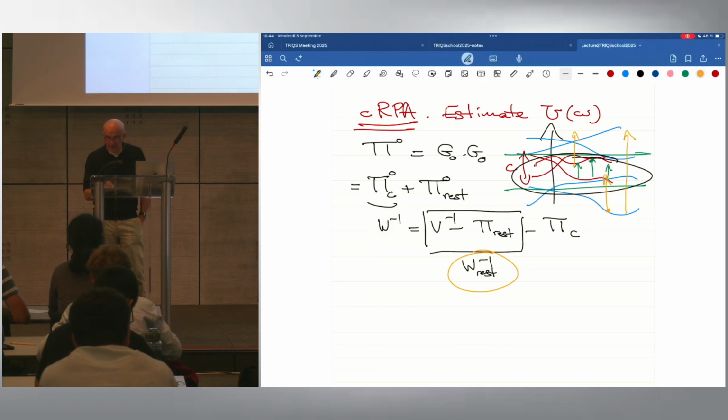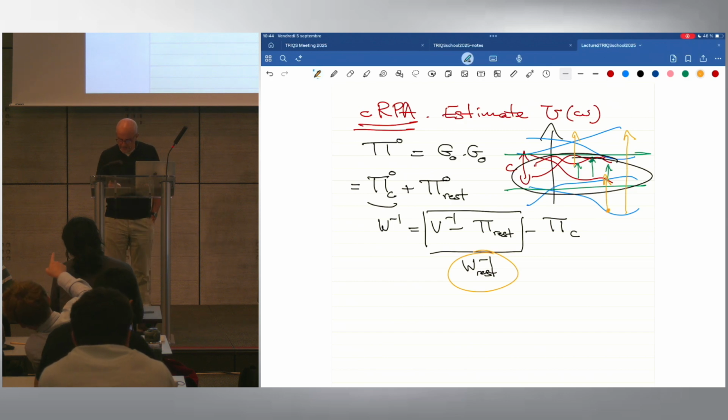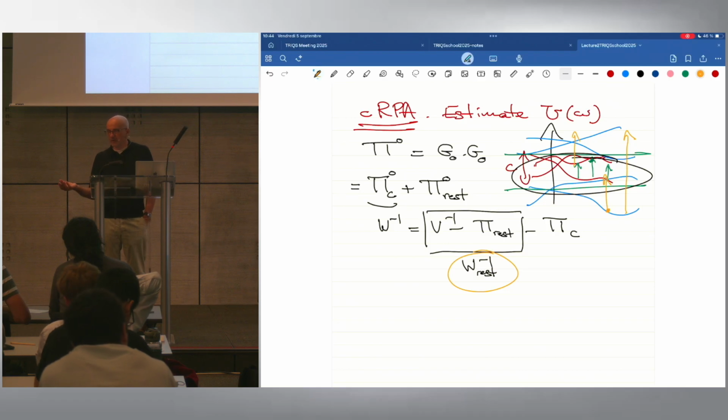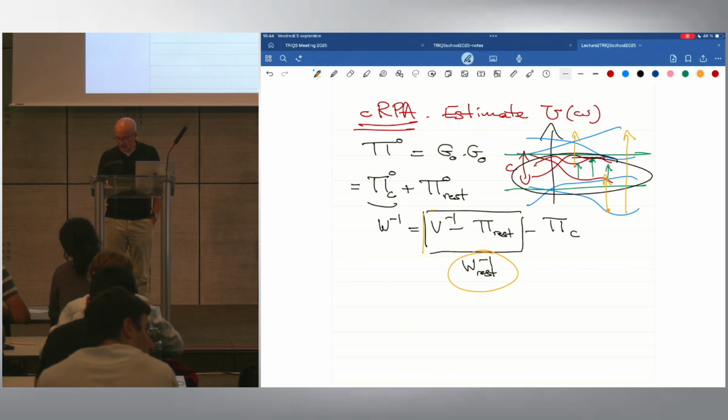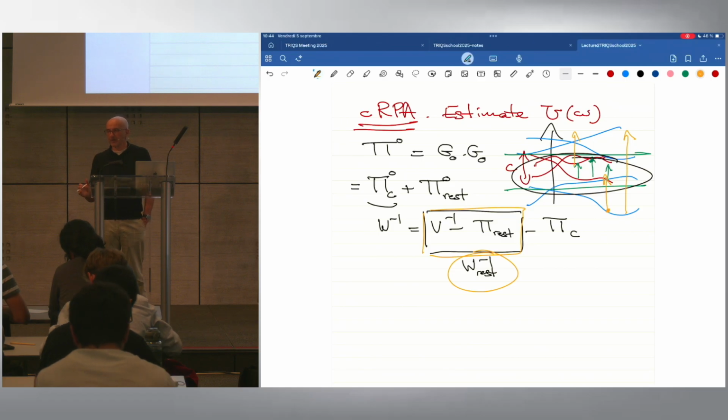If I was solving the impurity problem at the RPA level itself, which is usually not such a great thing to do, then that formula would be precisely what I would do. I've just done it in 2 steps. The first step is to do RPA for the rest of the system, and then solve the impurity problem again at the RPA level, which may not be great if these are strongly correlated states.